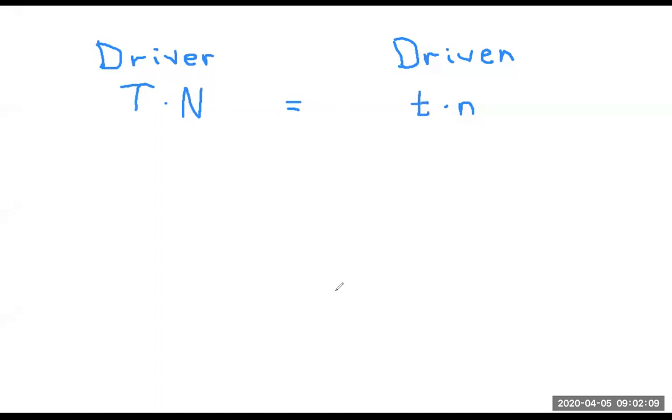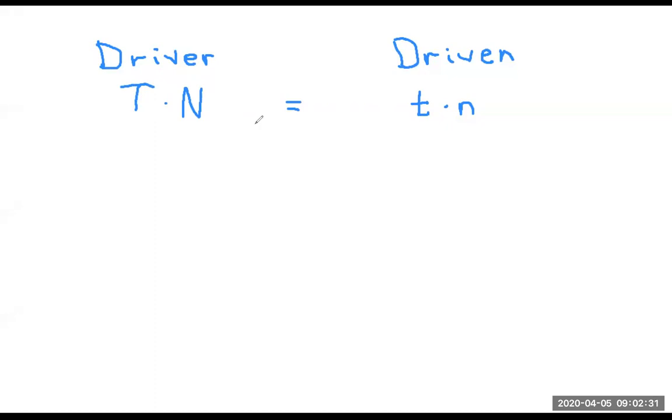And N is number of revolutions, but it could also be RPM. You're going to see the problems done both ways, and it's the same formula. It doesn't matter. If it's RPM, they both have the minutes in them, so you're getting the number of revolutions anyway. So this is our main formula.